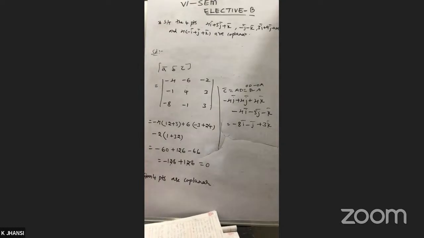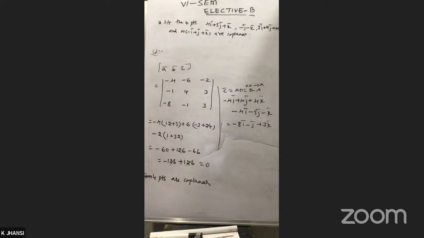If vector A, vector B, vector C are non-coplanar vectors, then show that the points -2A plus 3B plus 5C, A plus 2B plus 3C and 7A minus C are collinear. Collinear means they lie on the same line.